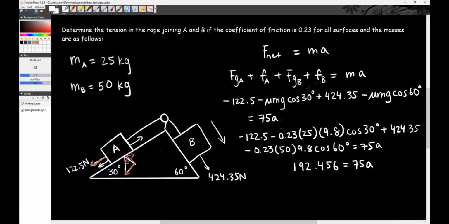So let's just divide both sides by 75, and we get 2.57 about meters per second squared.